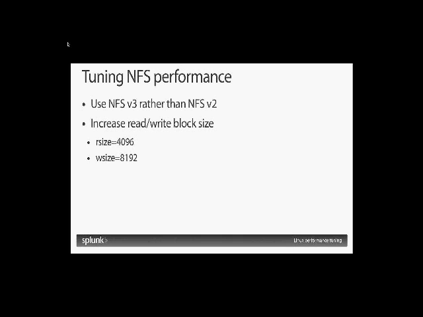These are typically efficient, because it's kind of like packets. Whenever it's sending stuff through the network to the hard drive, the read size is going to pull out 4,096 bytes, and the write size is going to send 8,192. And for some reason, these are fairly efficient numbers to use.